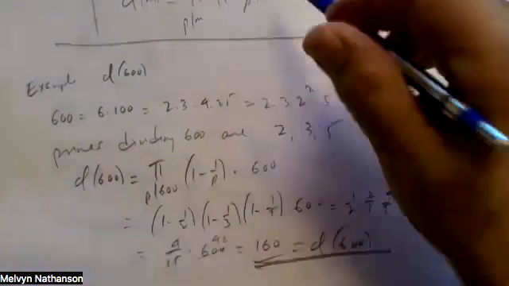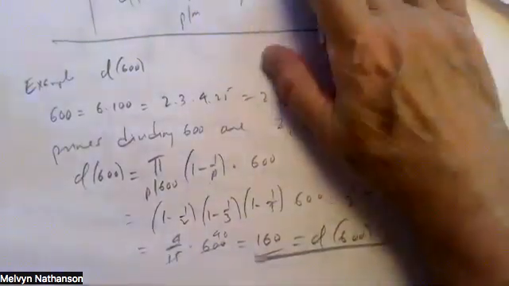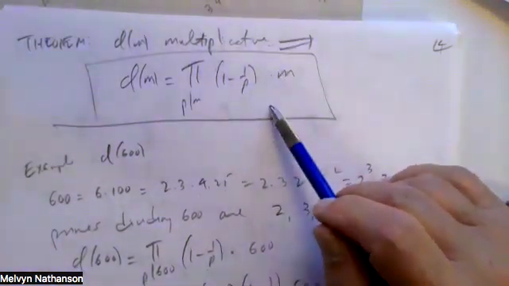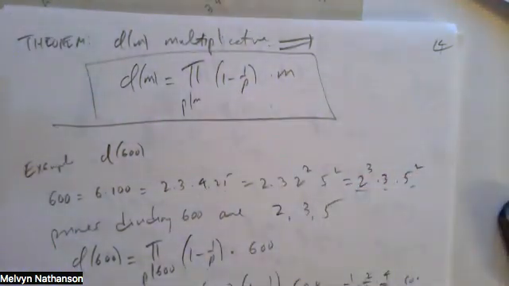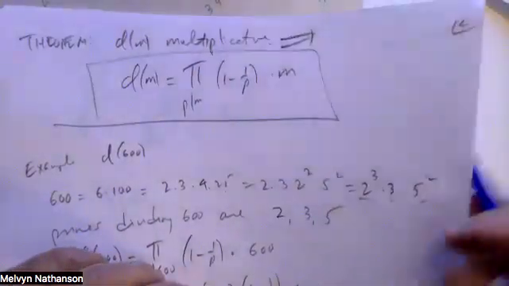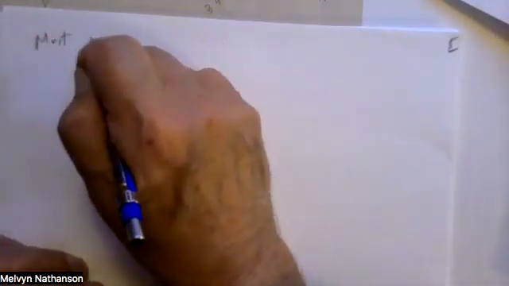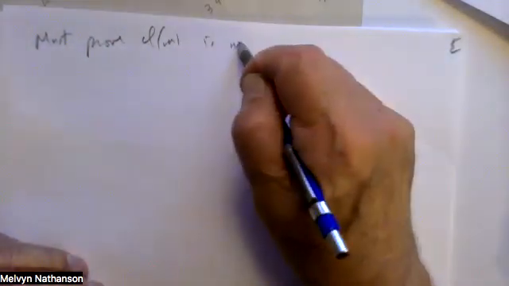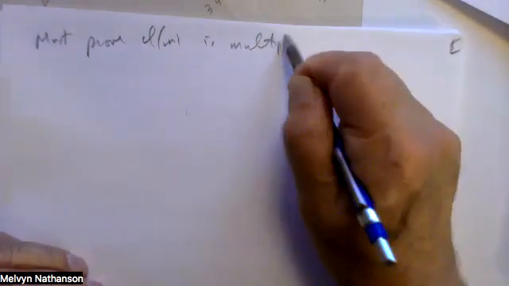So once you know the Euler phi function is multiplicative, you have this beautiful formula. And so what's left, which is the hard part, is we must prove phi of m is multiplicative.